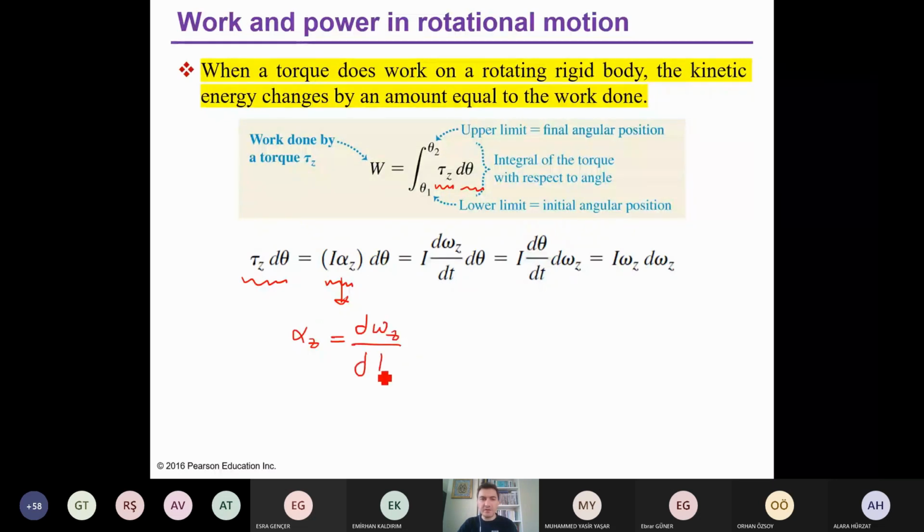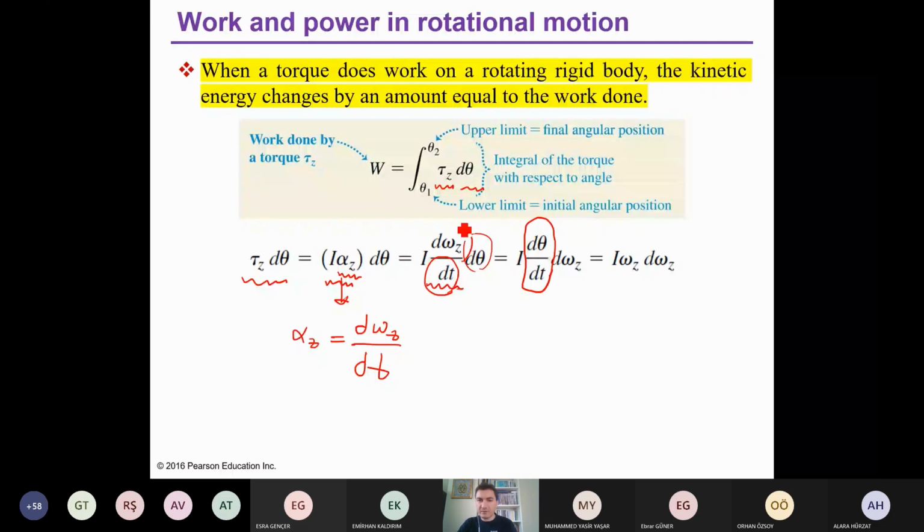So instead of alpha z, just use this expression in this equation, and then here we have d theta, and here we have dt. Take the omega z here alone, and then here we have d theta over dt.